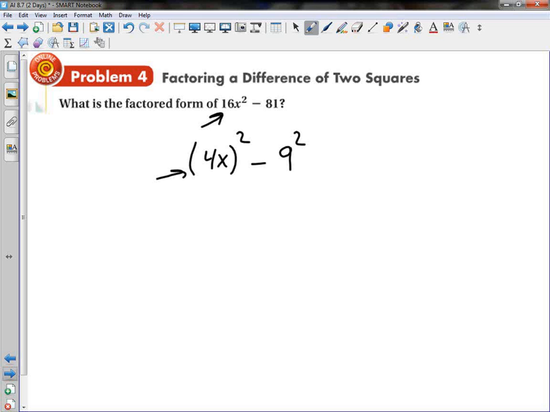Then, since it's the difference of two squares, we can write the first term twice, the second term twice, one addition sign, one minus sign, and we are done. This is a lot nicer than if we tried to factor it with previous methods, because we'd have to use AC factoring.